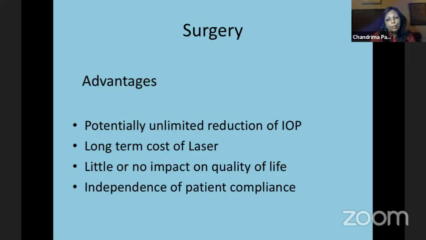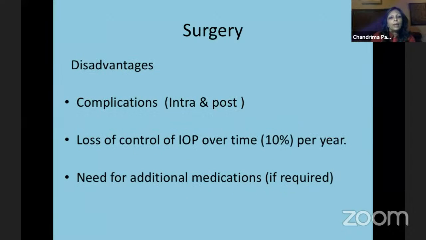Well, that is a little bit with a question mark, and independence of patient compliance. The disadvantages of surgery, however, are the complications, both intra and post-operative and late post-operative, loss of control of IOP over time, about 10% reduction every year, and the need for additional medications if and when they are required.